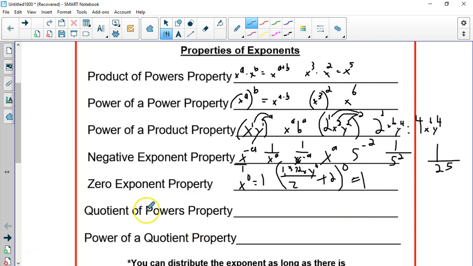Quotient of powers property. Well, that's kind of like product, except we have a fraction. So in this case, if we have x to the a over x to the b, we keep the base and we subtract the exponents.